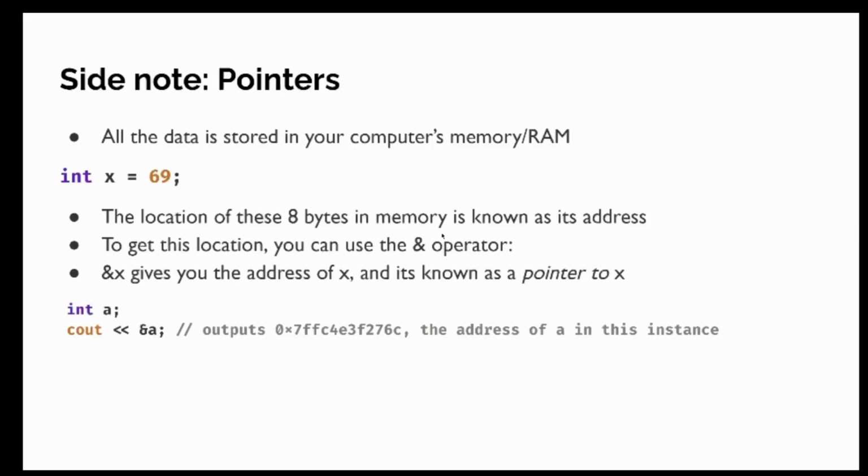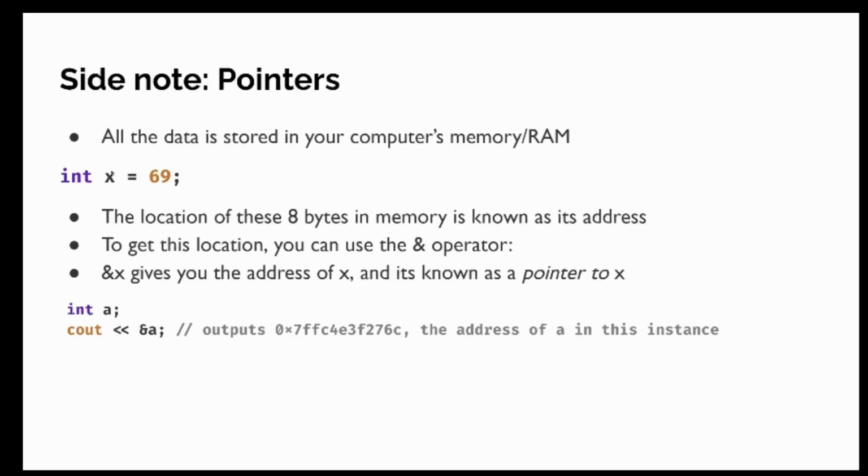Ampersand x gives you the address of x, also known as its pointer to x. So what does that mean? A pointer to x essentially is the address that this data has in the computer's memory.